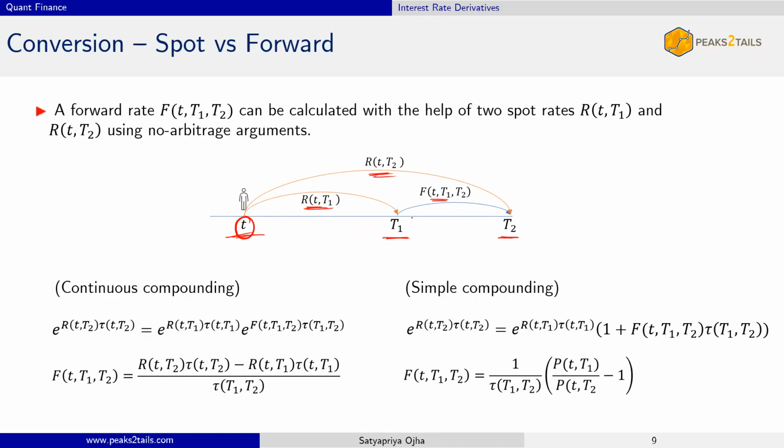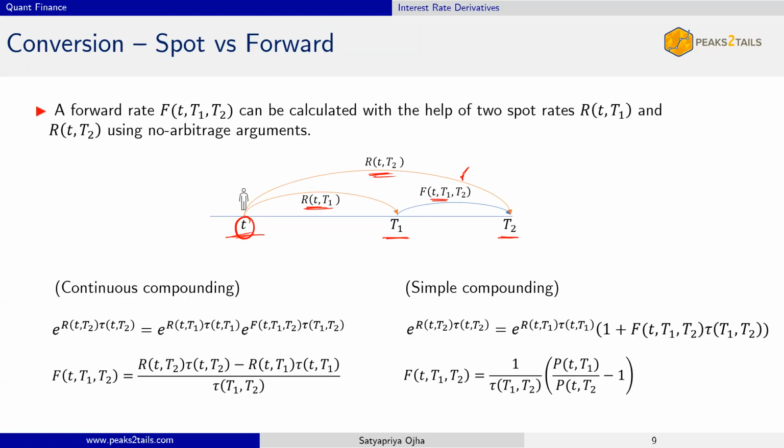Now, given these two spot rates, the forward rate is sandwiched between them. You can derive a relation between these three quantities based on no arbitrage arguments. It's very, very simple, so let's see how we do it. Let me give you a quick analogy. I don't know if it will make sense, but it's something similar.